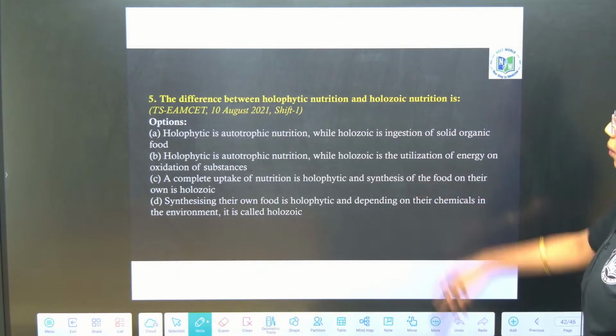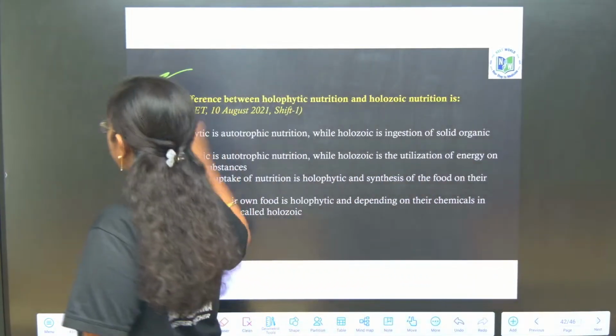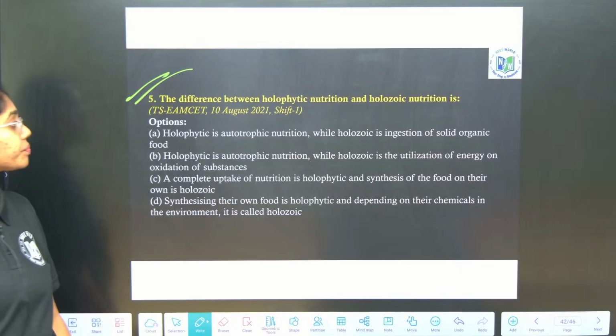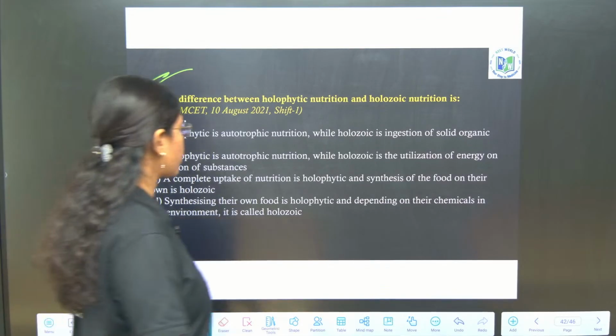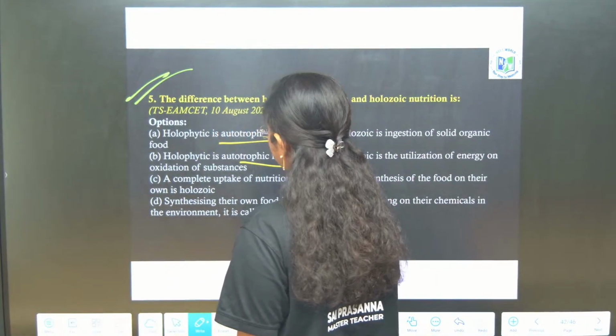Yeah, here we go. This is from Kingdom Systems of Classification. Answer it. The difference between holophytic nutrition and holozoic nutrition. Holophytic nutrition is autotrophic or heterotrophic? It is autotrophic mode. So, underline this. This is not uptake.